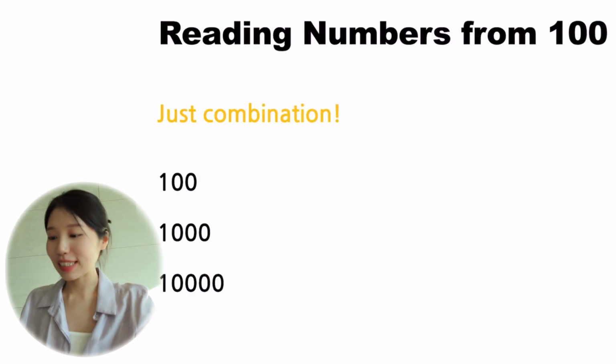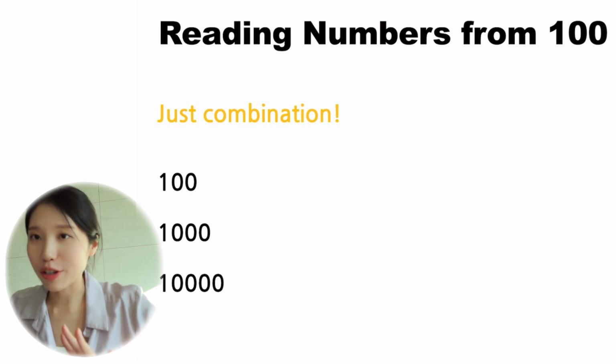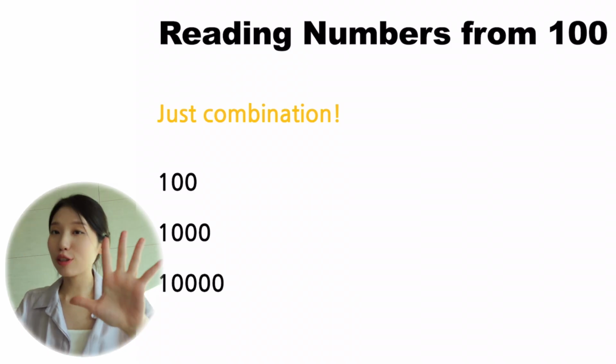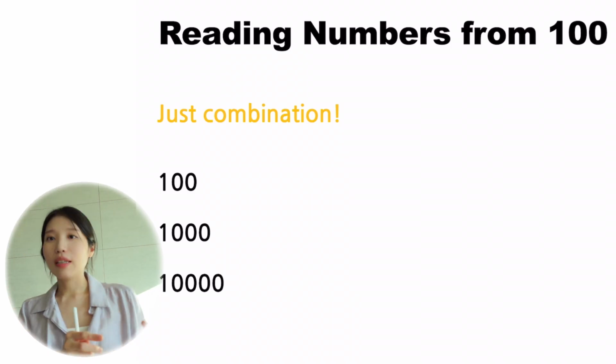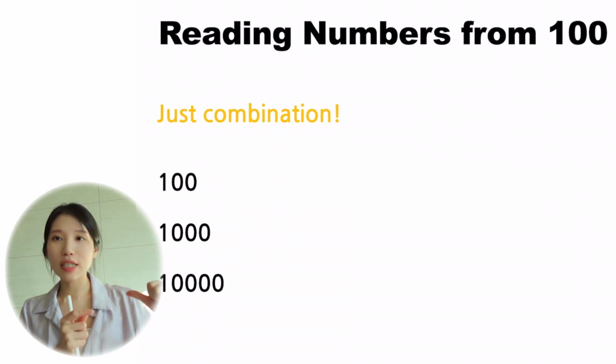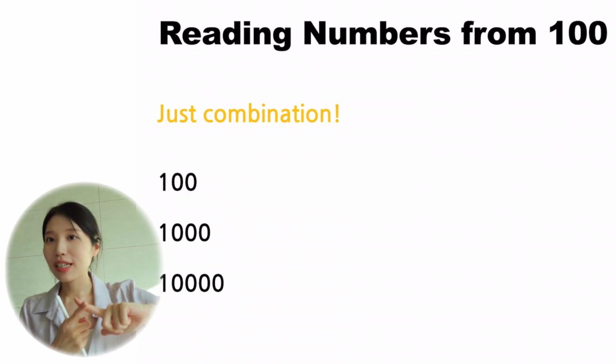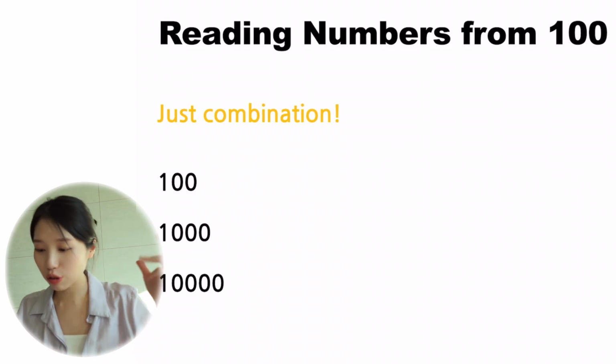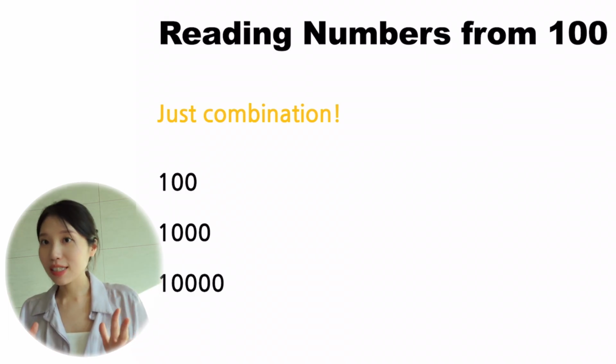Good news is this is just a combination, but you only need to know these important units. Like in English, we also learned 10, 100, 1,000, millions. In Korean, let's just remember this: 100.